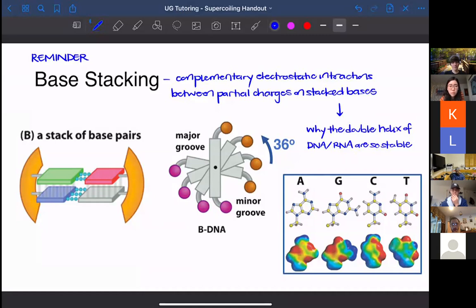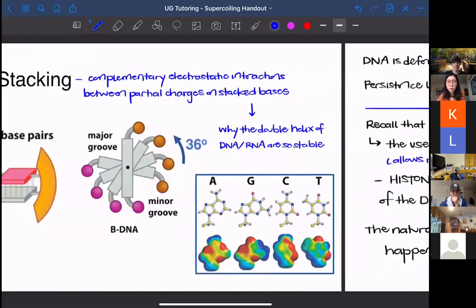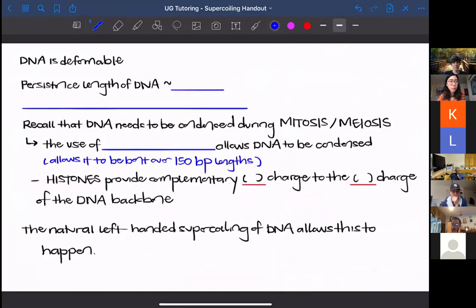Like Rosa said, base stacking is what makes the DNA helix so favorable and why it wants to preserve that helix, especially the 36 degrees of rotation between each base pair. You'll see that come back later. Tyler just covered this, so I'm going to have my notes posted in the handout later.